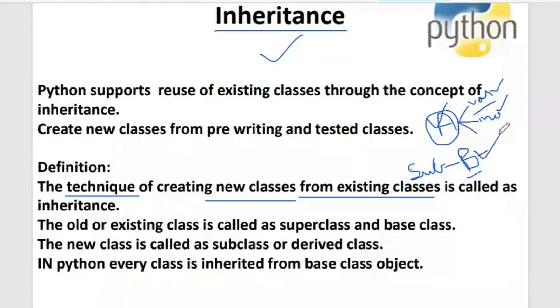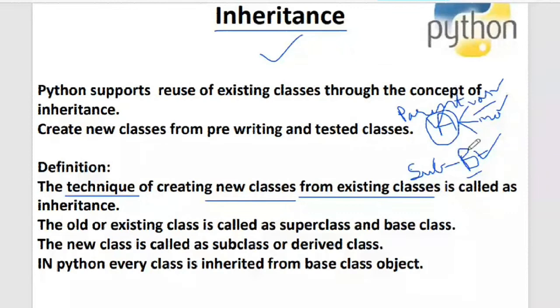What are all the properties that the parent is having? What are all the properties here in the class? The variables and the methods that A is having will be inherited by B, meaning that B can use the methods and variables that are defined in class A. You can also use these words: A is considered to be the parent class and B is considered to be the child class.